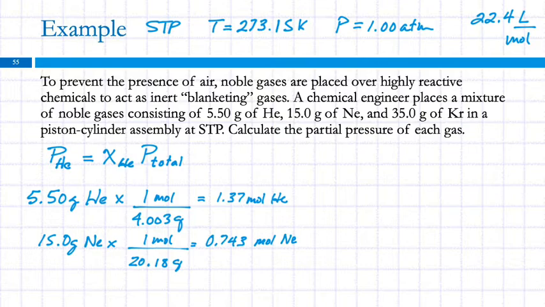And the moles of krypton, it's 131? No. 83.80. 35 divided by 83.80 is 0.418 moles of krypton.